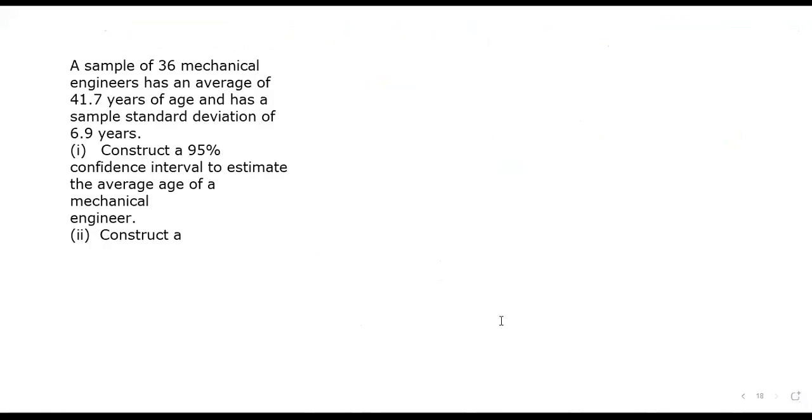Our n. What is our n? N is 36. What else are we given? X bar is what? 41.7. And standard deviation is what? 6.9. So calculate a 95% confidence interval.